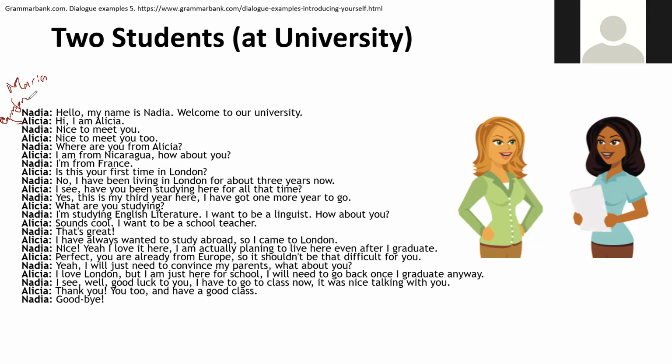No, I have been living in London for about 3 years now. I see. Have you been studying here for a lot of time? Yes, this is my third grade here. I have got one more year to go. What are you studying? I'm studying English literature. I want to be linguistic. How about you?